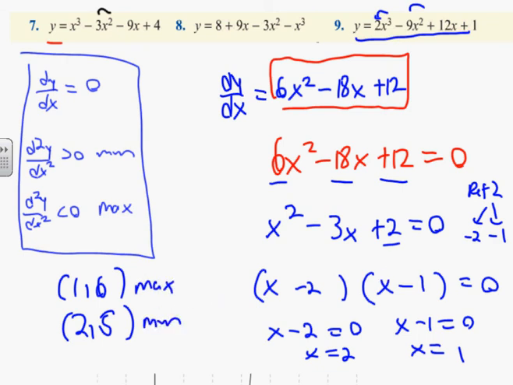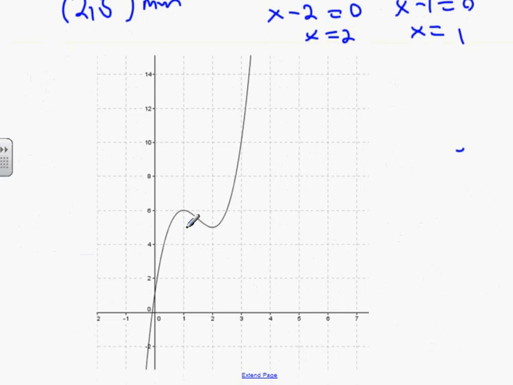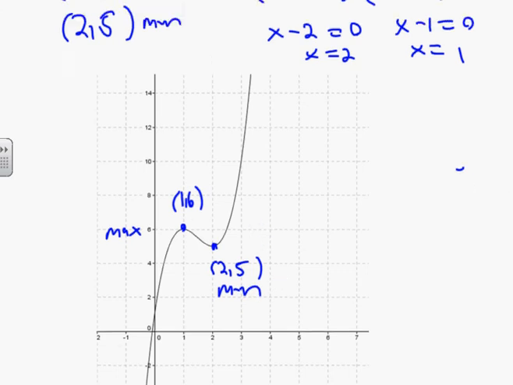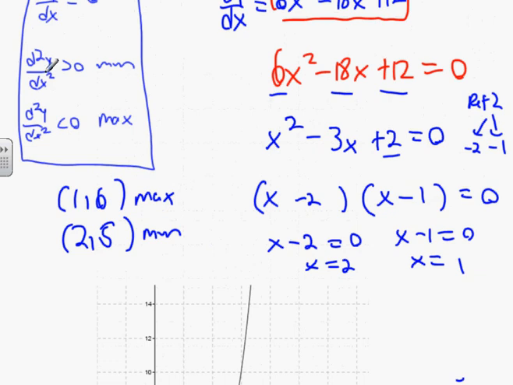Let's find out. There's a graph of what we would have. Here's the point 1, 6. There's the point 2, 5. You can clearly see that there is the max and that there is the min. However, in your Leaving Cert, you're required to do the second derivative and prove that it's bigger than 0.